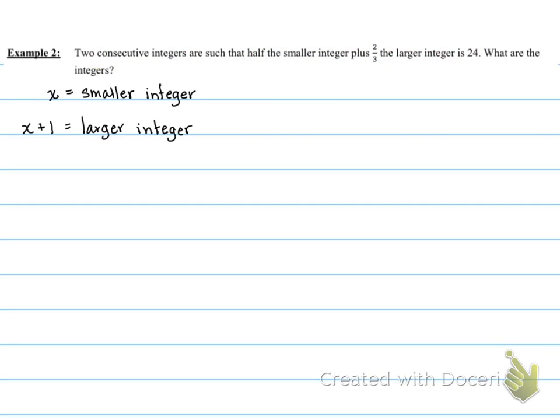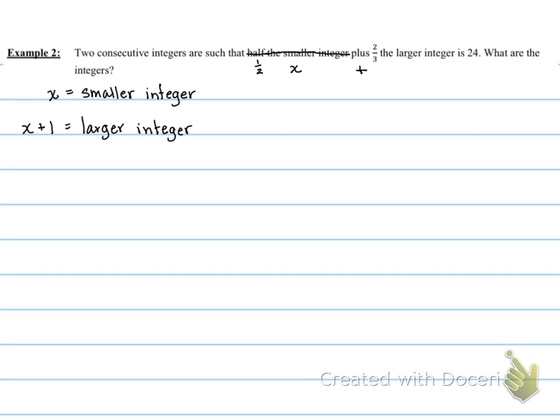So now we're ready to write an equation, and that's where we're going to use that second piece of information. If you find yourself having trouble translating those sentences, you can literally go through word by word and replace it with math. So half is 1/2. The smaller integer I said was x, right? So the smaller integer is x.